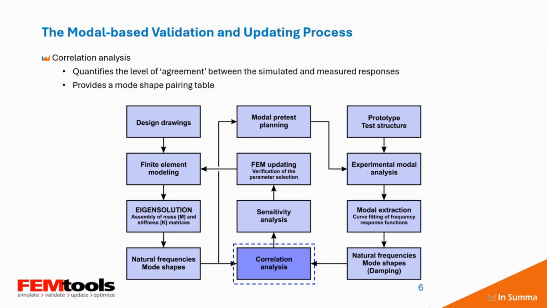In brief, it is about finding the differences and the similarities between the simulation and the test data, and then also creating relation tables or pairing tables, as we call them, where in the modal approach, the final result is the modal pairing table, or the mode-shape pairing table, which is essential information to allow us to determine what is the distance between the two data sets.